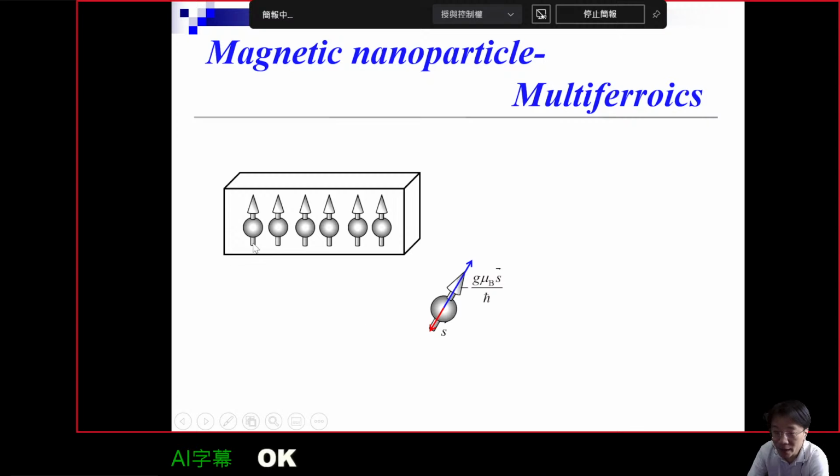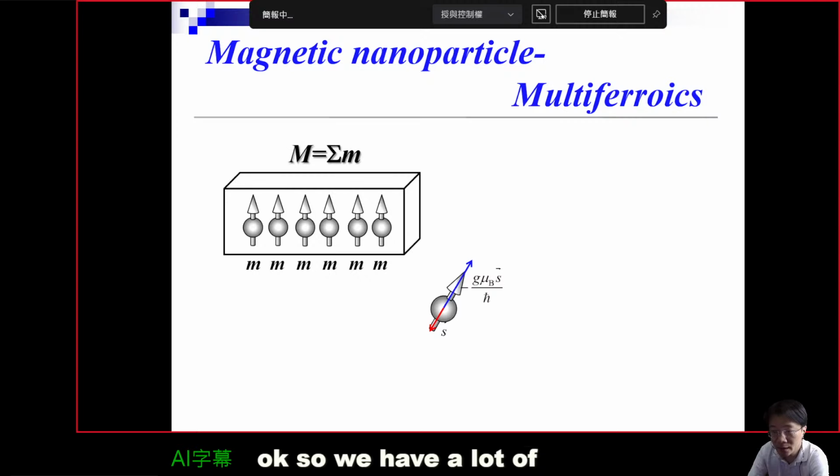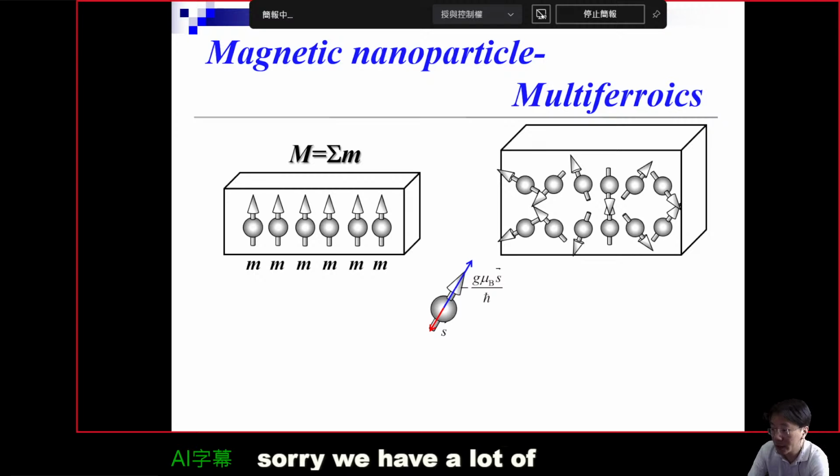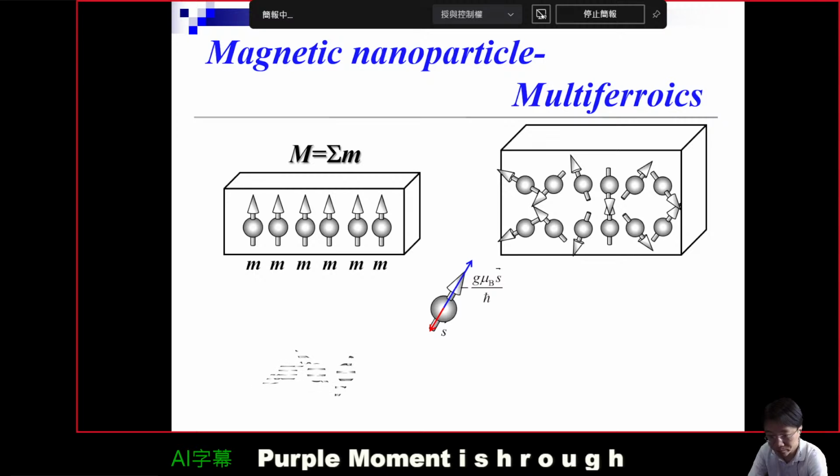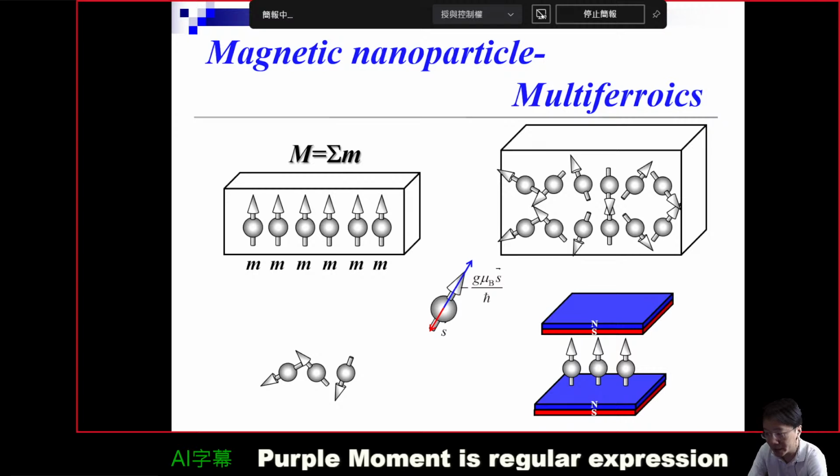If we have a lot of magnetic dipole moments inside a compound, then the sum of these magnetic dipole moments we call the magnetization. Typically in compounds there are a lot of magnetic dipole moments, but sometimes they are randomly oriented due to thermal vibration. But we can also align them by applying an external magnetic field.